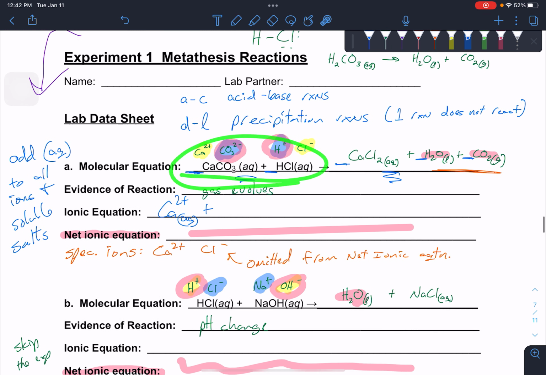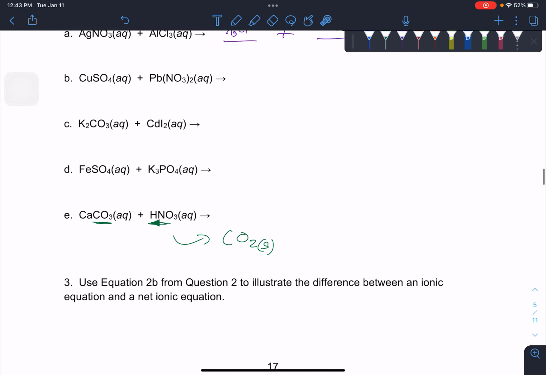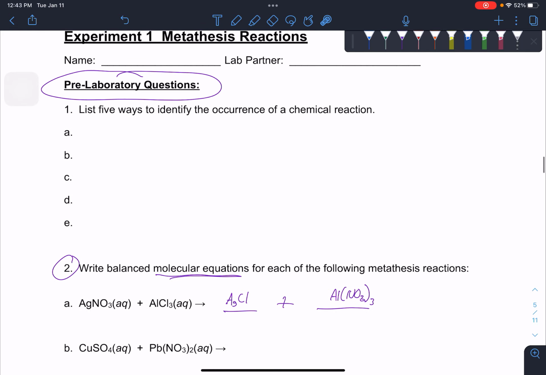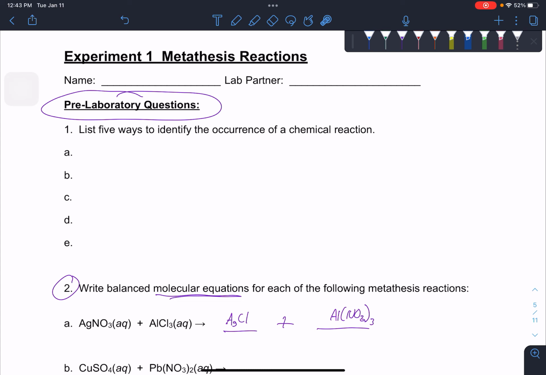So pretty much any carbonate salt with any acid will form CO2 in a reaction. We'll talk about that reaction in class. That's one of the sections in chapter 4 that we deal with. And for pre-lab number 1, I don't know if I can think of 5, maybe 4.